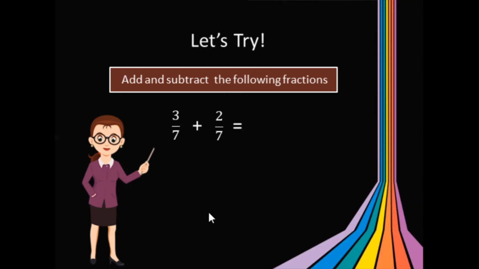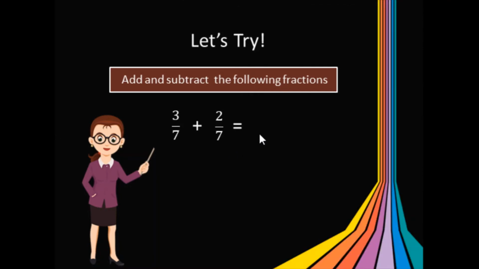What is 3/7 plus 2/7? I will give you 3 seconds to do it. 3, 2, 1. Okay, what's the answer?